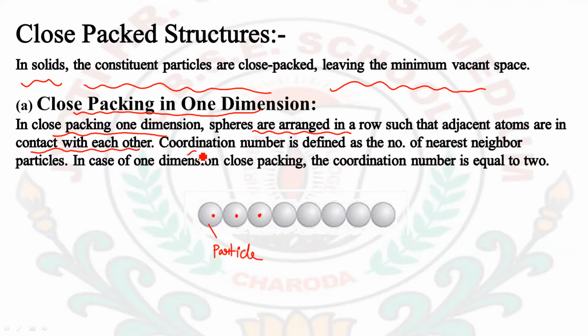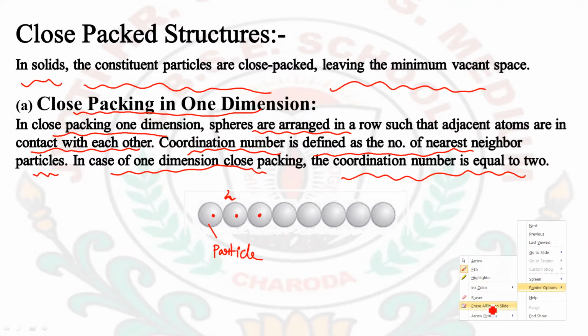Coordination number is defined as the number of the nearest neighbor particles. So here, for this particle, the coordination number will be 2 for the single-row arrangement. But in a 3D arrangement, it can be more than 2. In one dimensional close packing, the coordination number is always 2.